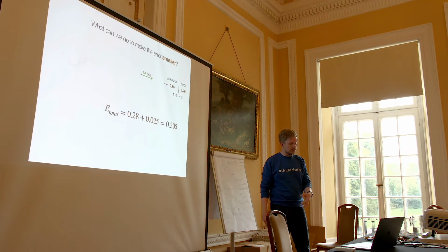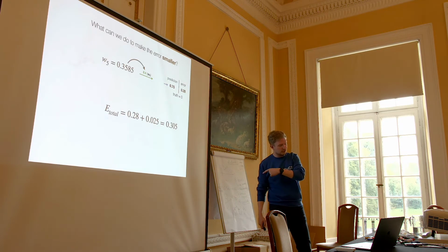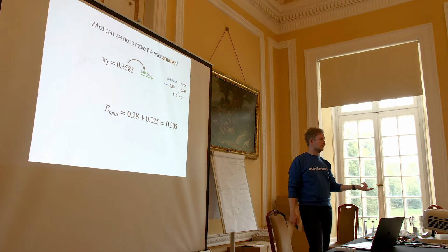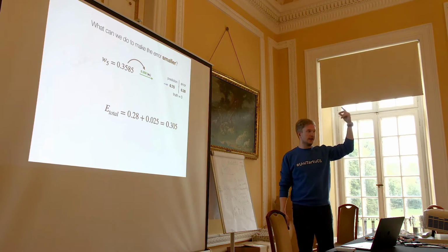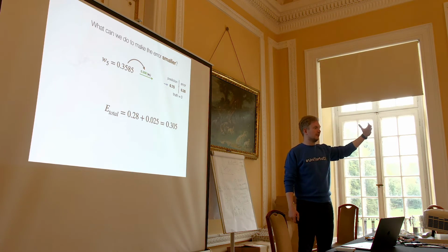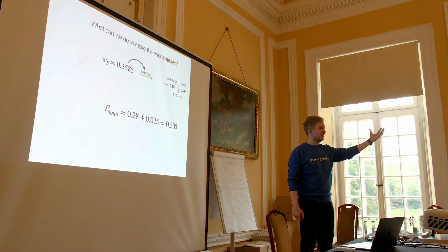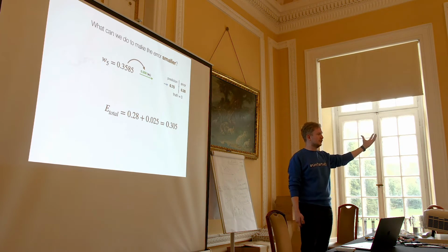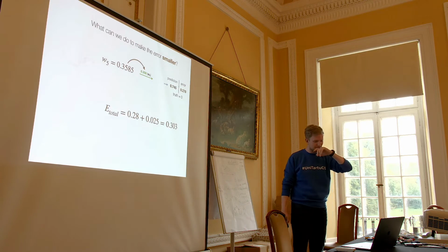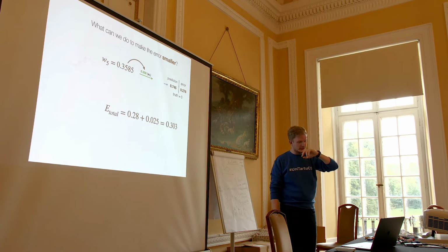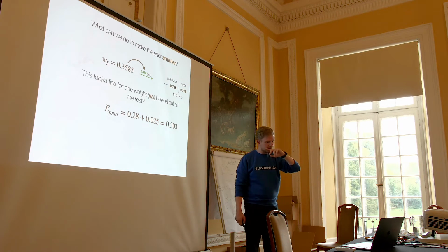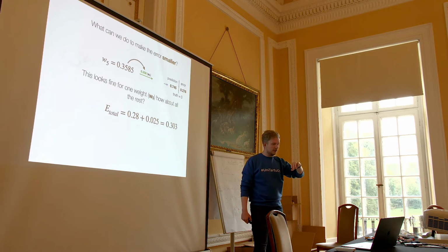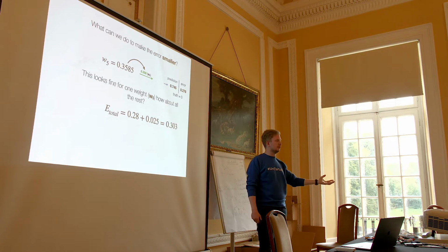I put the new W5 in the network, and I recalculate my total error, right? This is the one I wanted to decrease. So my total error is going to decrease if I update my W5.